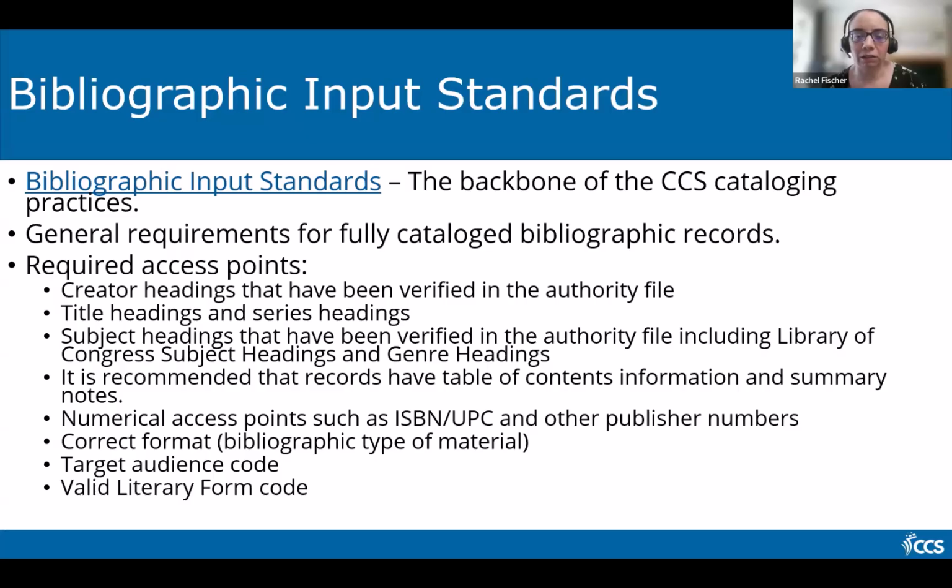There are obviously some things that would need to be there, like the standard numbers, like ISBN, UPC, publisher, and so forth. The correct format or type of material, target audience codes, and literary form codes are also important to include for facets in the catalog for BiblioCore.